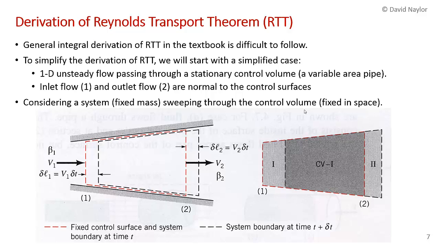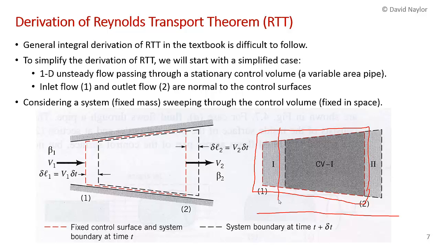So what's happened here, and that's what this diagram is about, is that the system initially occupied the control volume, and then at time delta t, it's moved to the right, and now it occupies this volume.